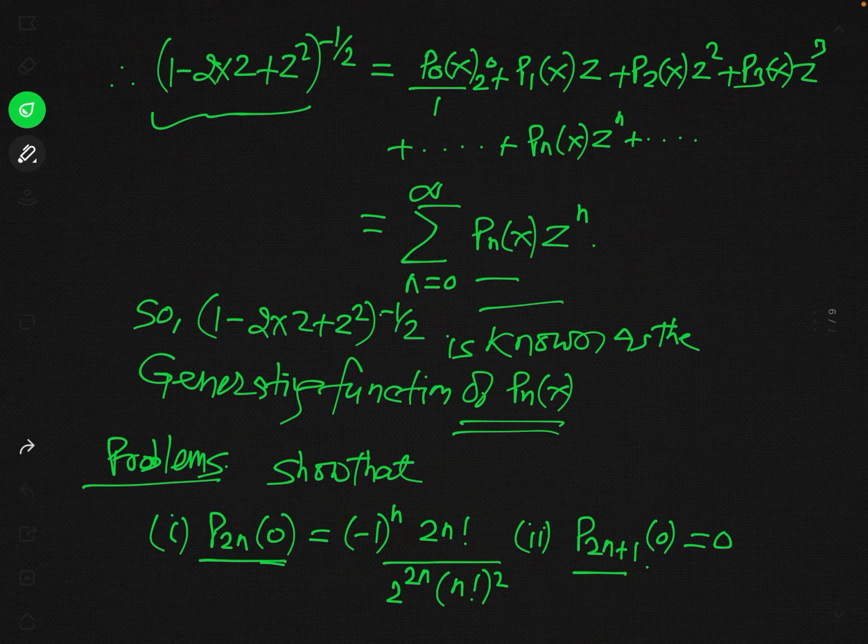In the first problem we have to evaluate the value of the Legendre polynomial P2n of 0, and x has already been taken 0. 2n means an even number.